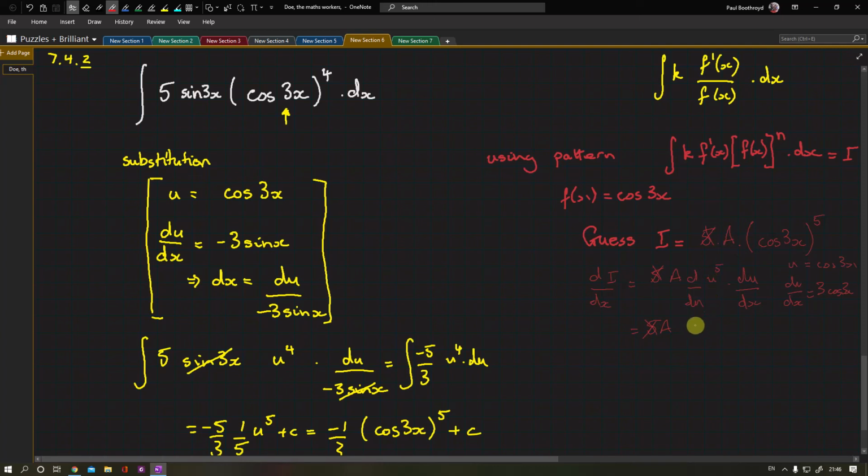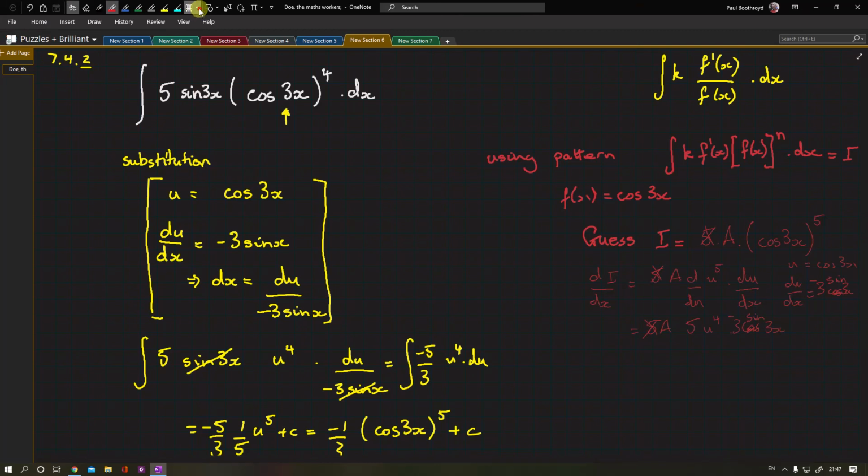You're going to see the k appear in a minute anyway. So we now do the differential of that, which is going to be 5 u to the 4, times du dx. Differentiate cos, we get minus sine. In fact, I'll just rewrite that last line.